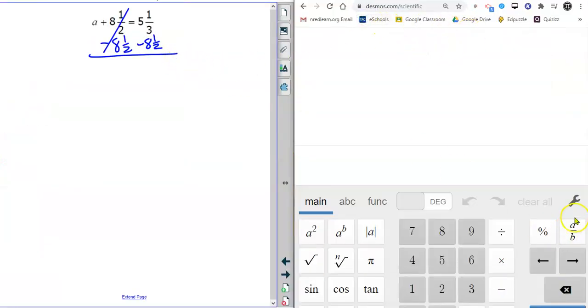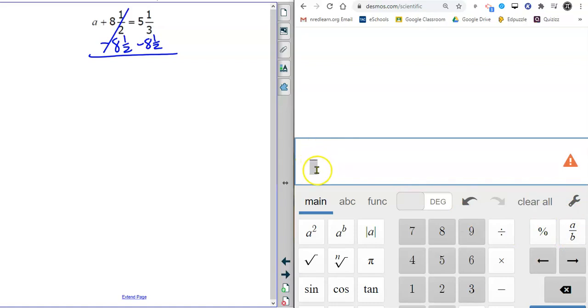For this one, we need to use this A over B button. That's the fraction button here. Now, once you insert a fraction, if you have a mixed number like 5 1/3, you need to press this left arrow to write the unit. Then you can press the right arrow to fill in the fraction. 1, and on my keyboard, I'll press the down arrow.